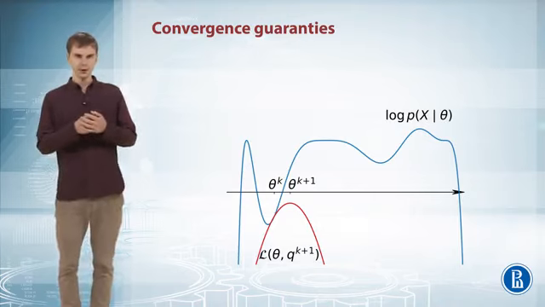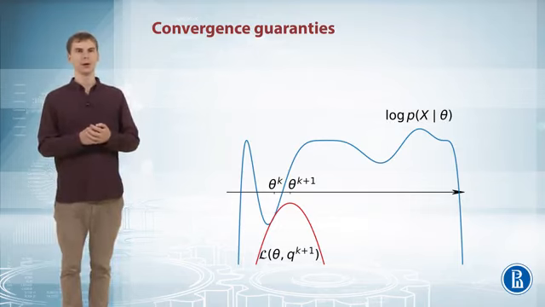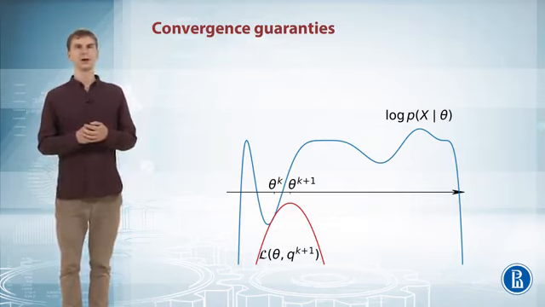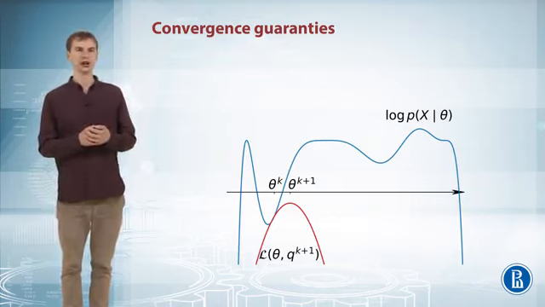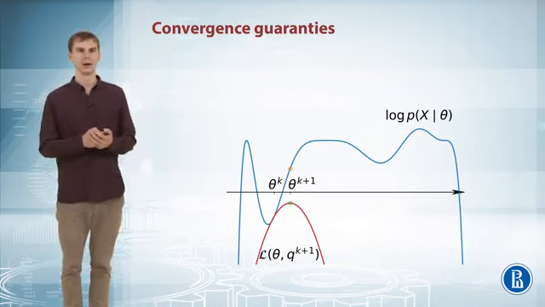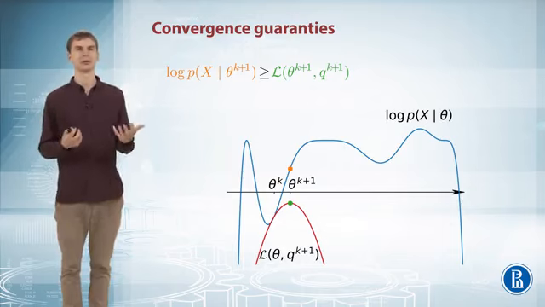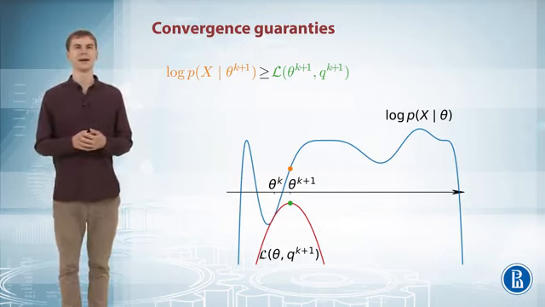So on the next substep, we went to the maximum of this lower bound, of this red curve, to get theta k plus 1. So let's look at how the marginal log likelihood changed after switching from theta k to theta k plus 1. The marginal log likelihood at the point theta k plus 1 is greater than or equal to the lower bound at the point theta k plus 1, just because it's a lower bound. So it should always hold for any point, right?